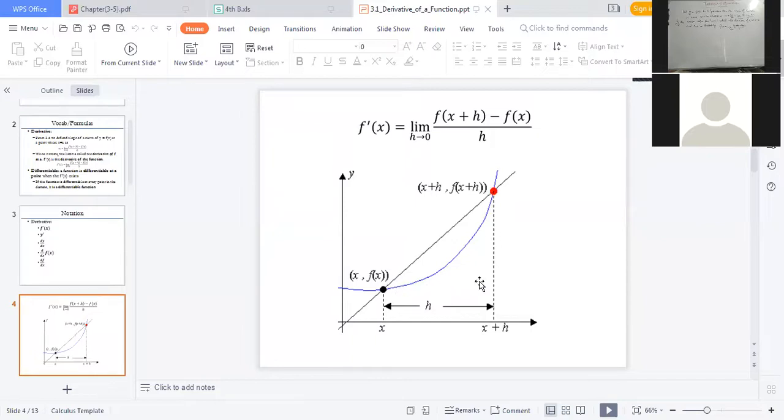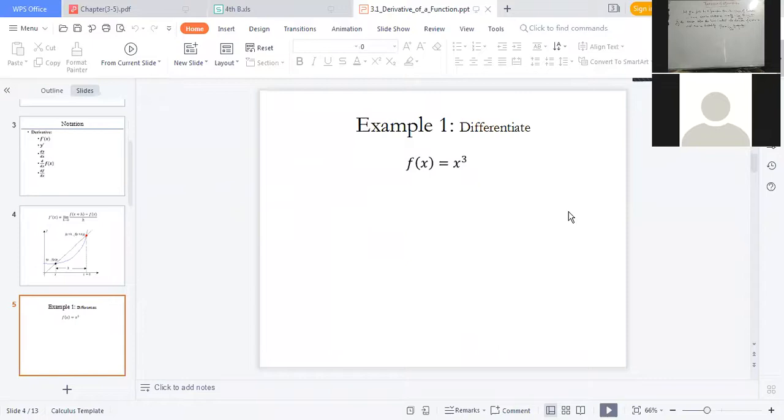If we draw any line parallel to the x-axis, then we get the tangent, perpendicular by base. So this is f of x plus h minus f of x divided by h. This definition we discussed in our previous lecture. So this is the basic definition of the derivative of any function f of x.